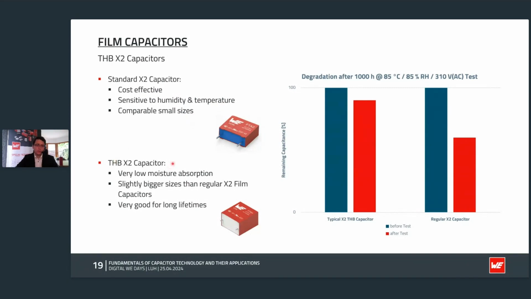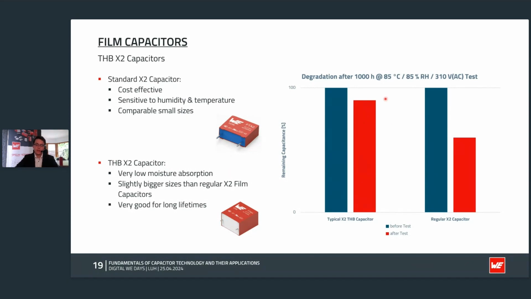And we implemented some THP X2 capacitors, which have very low moisture absorption and also slightly bigger sizes than regular X2 capacitors. They show the benefit over the long term that the influence of humidity and higher voltage is very low in comparison to standard X2 capacitors.